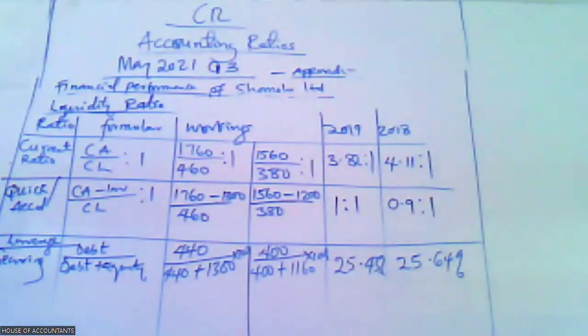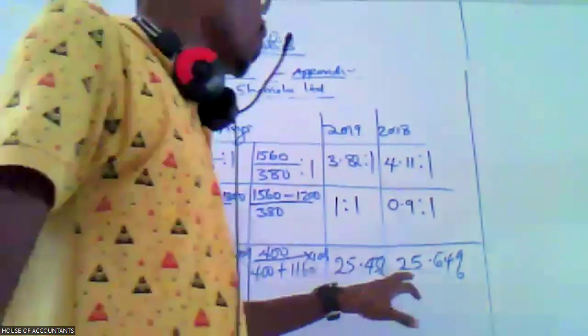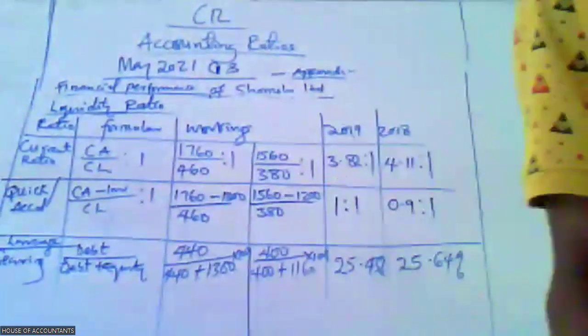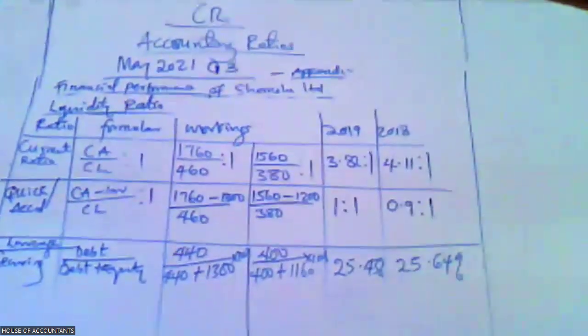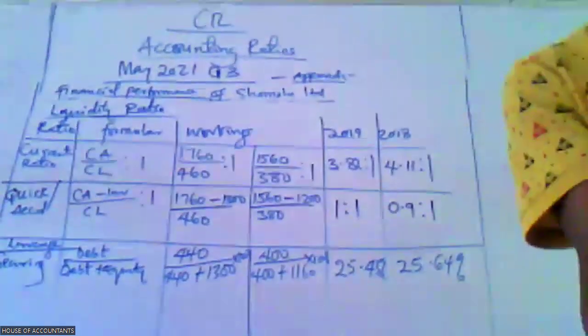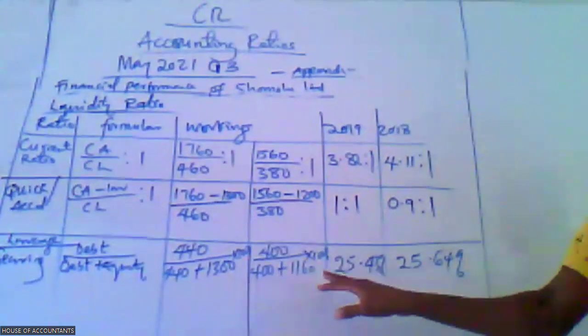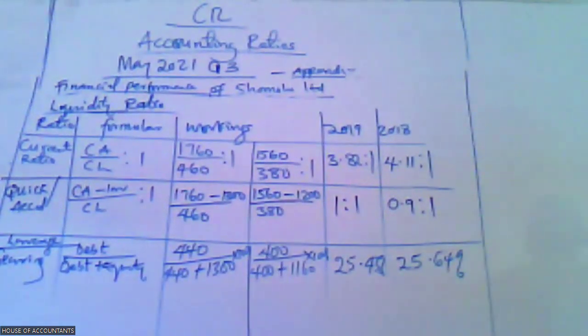What happens if this thing is up to 50%? Let's assume that you calculate it now, and this thing is up to 50%. That is what we call highly geared.